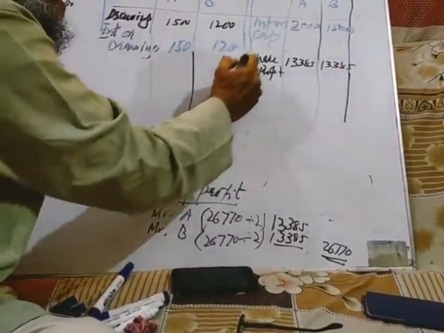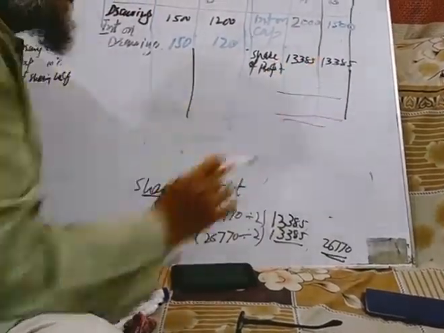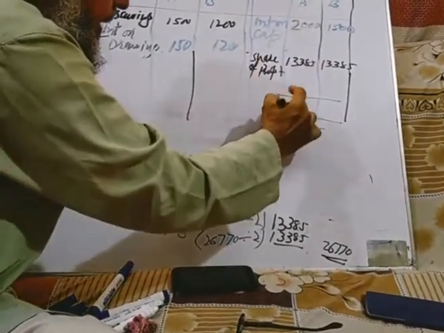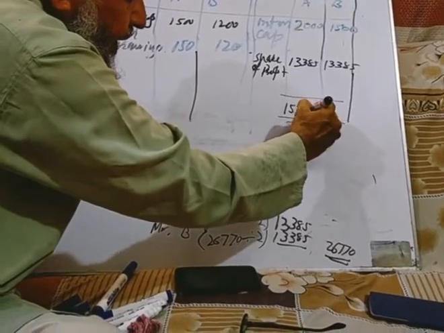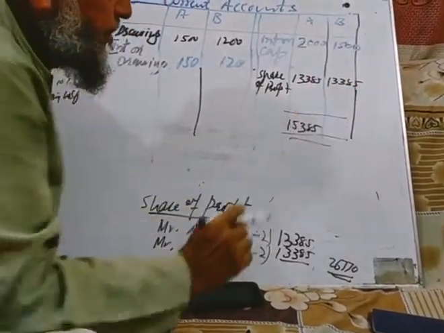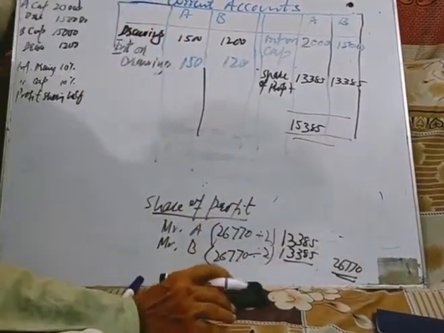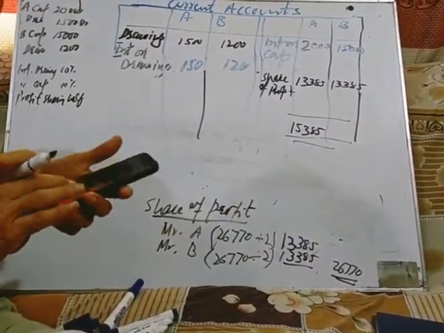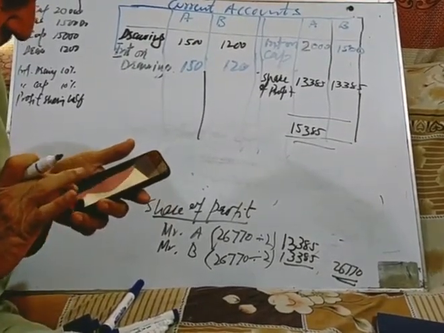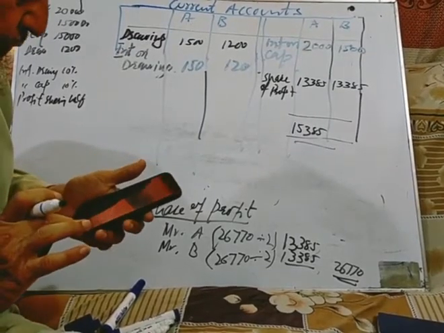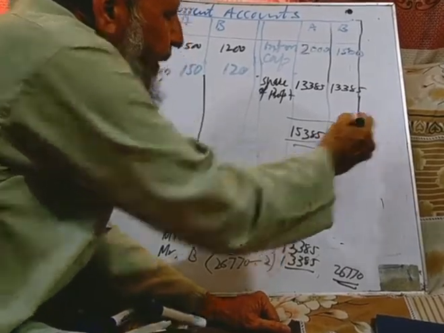And now the last step is that we will balance our current accounts. As you can see, this is our heavy side, 15,385, and this is the other side. Let me add it. 13,385 plus 1,500, which is equal to 14,885.